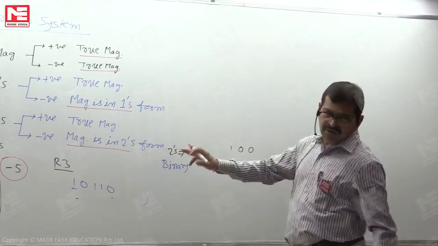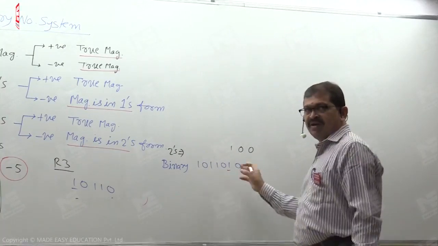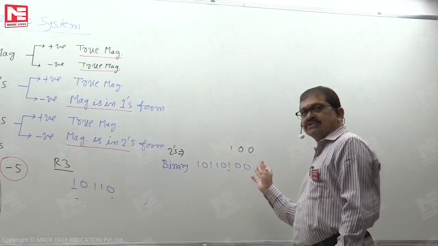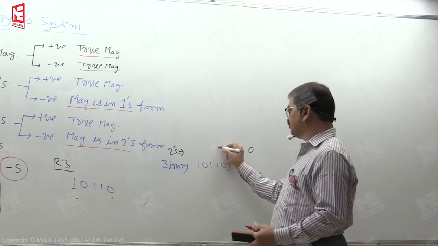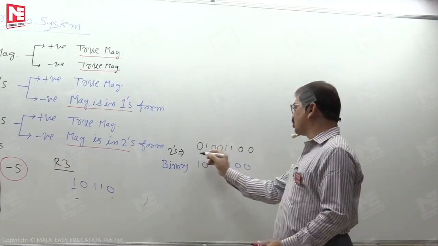As and when we read the first 1, from the next bit onwards we perform bitwise complement. So this is the 2's complement.